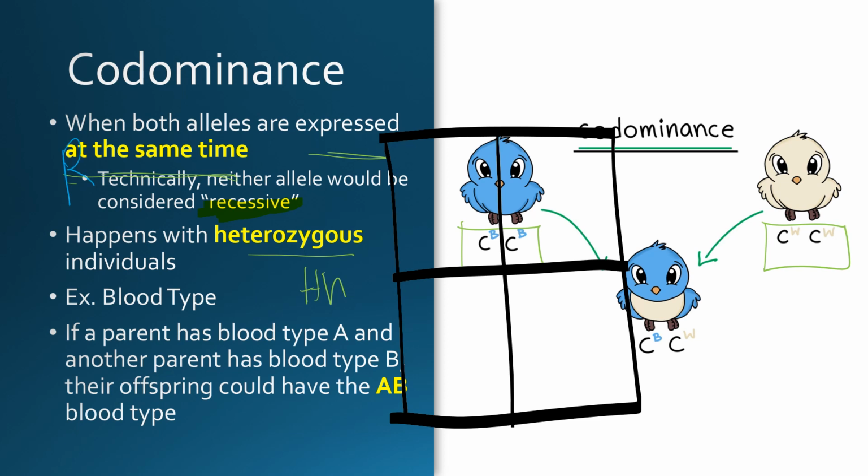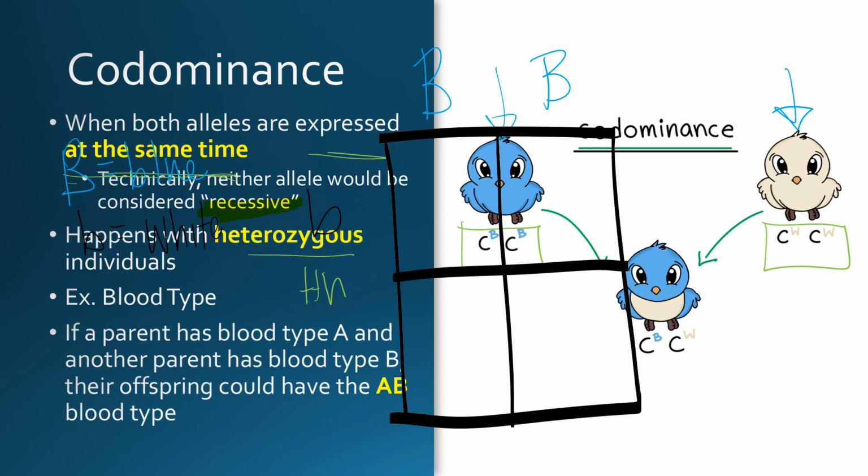All right, so let's take a look at the picture on the right here before we go into our example, because blood type can get a little messy. In codominance, we don't have a recessive. Both are expressed at the same time. I have a cute little blue bird on the left side, look how cute he is, and I have a cute little white bird on the right side. Now let's say these two mate and breed offspring.